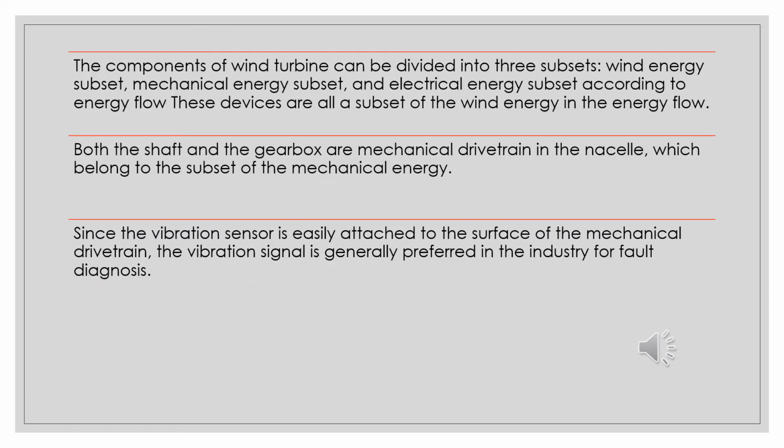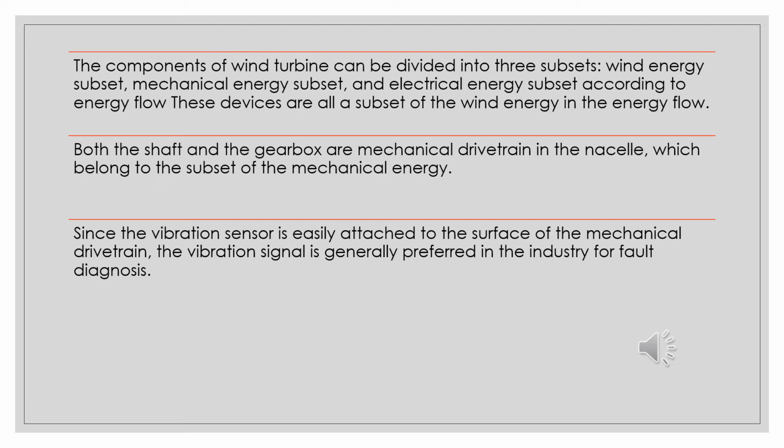Next, the component of wind turbine can be divided into 3 subsets. First, wind energy subset, second, mechanical energy subset, and the last one, electrical energy subset. According to the energy flow, these devices are all a subset of the wind energy in the energy flow.